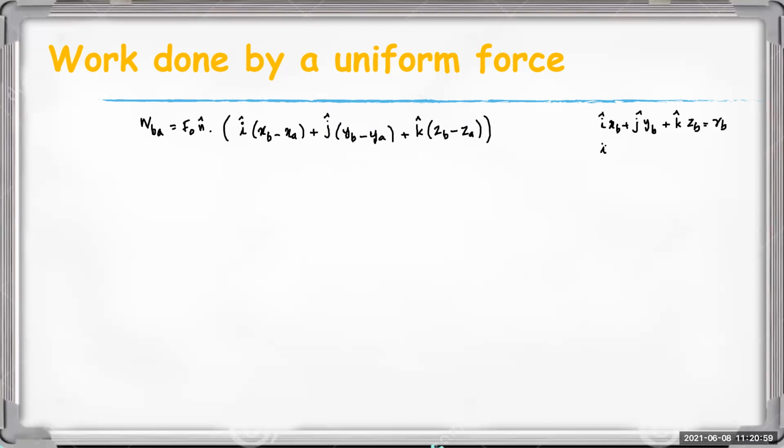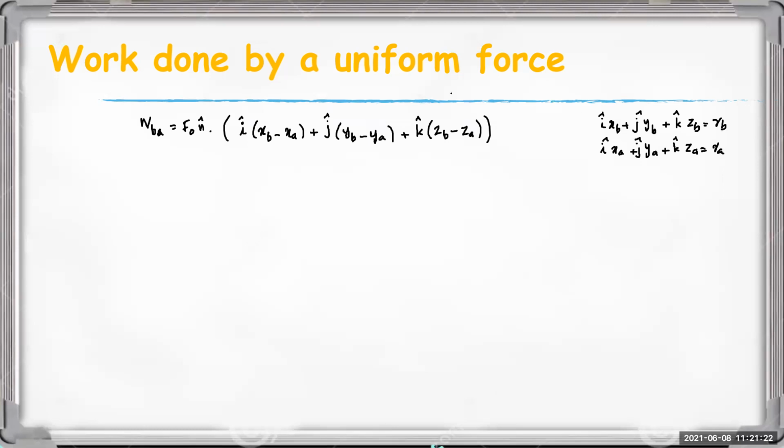And i XA plus j YA plus k ZA is equal to what? RA. Then look at the first terms: i into XB plus j into YB plus k into ZB.